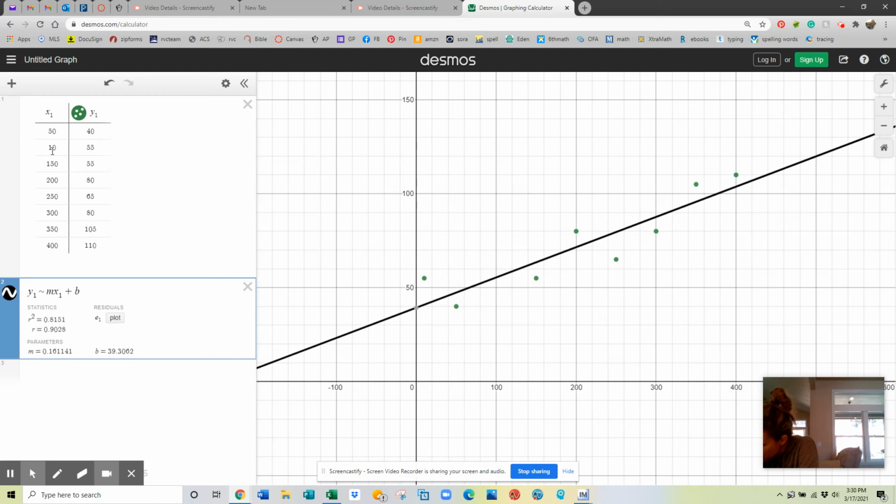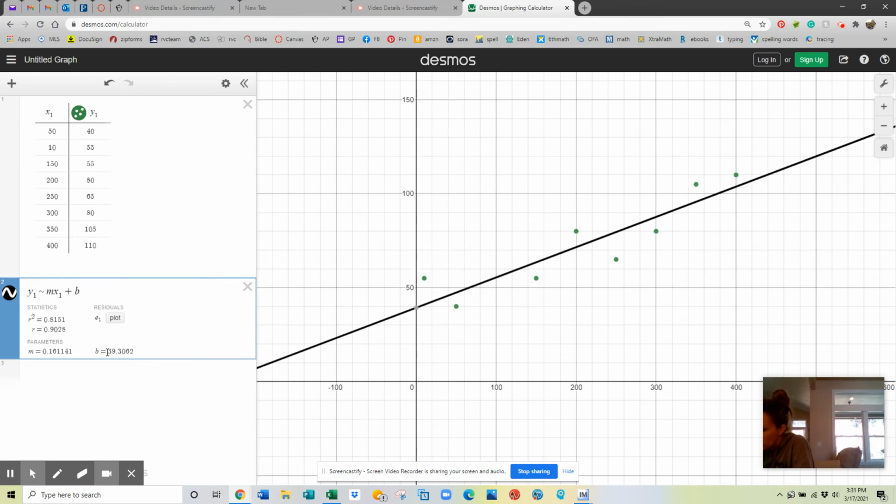for each additional dollar spent. Okay, and then the last value, B, would be if we spent $0, how many people do you think would come if we didn't spend any money on marketing? So that's what B represents right there. The Y-intercept is always when X equals 0. Well, what does X represent?